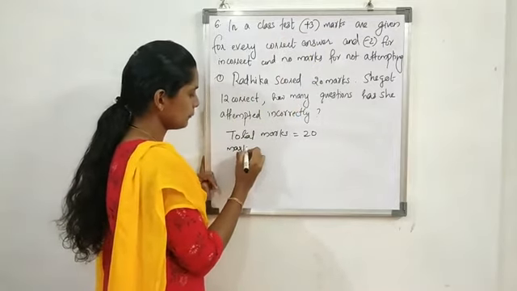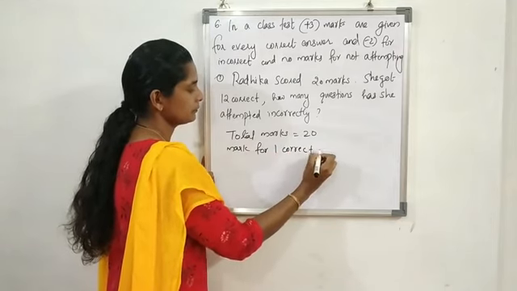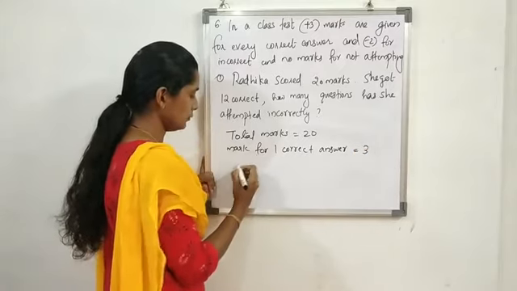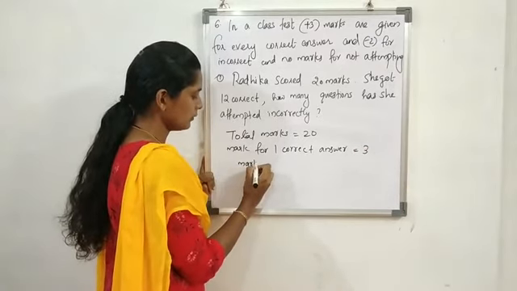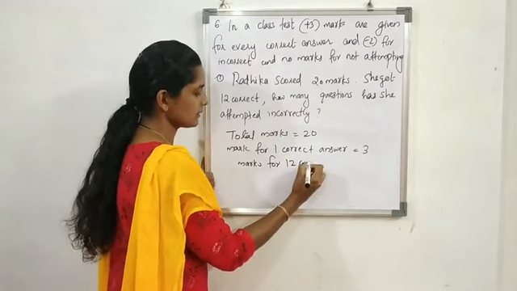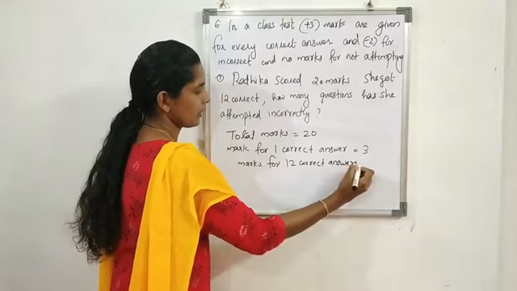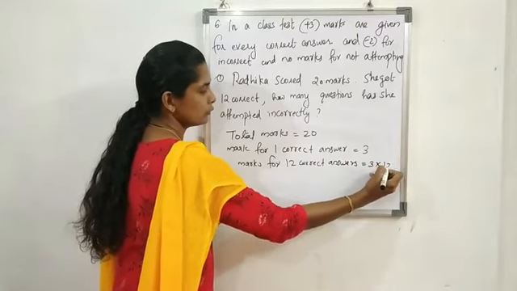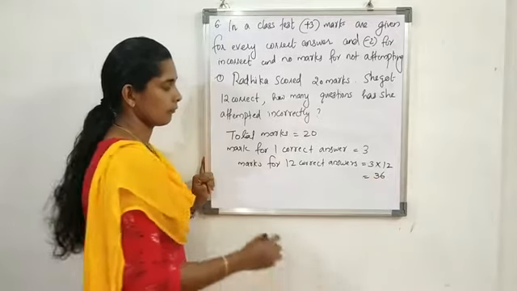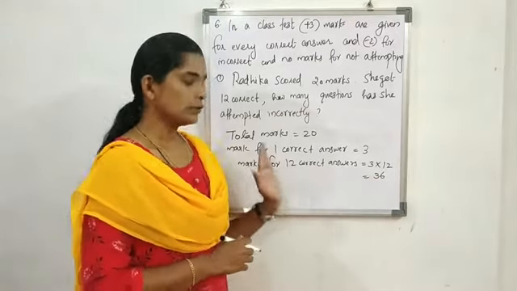Therefore, marks for 12 correct answers is equal to 3 into 12, which is equal to 36. Okay, 36 is the marks for 12 correct answers.